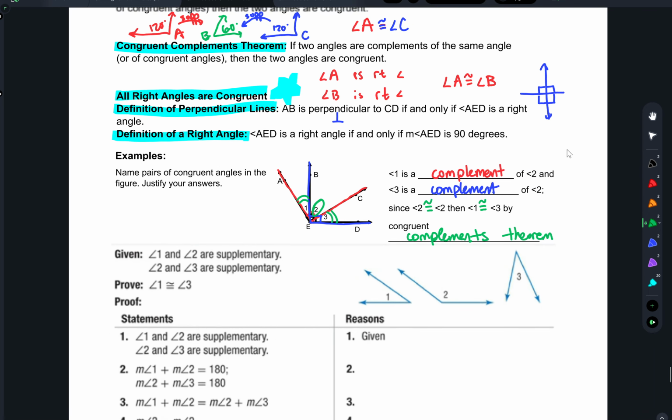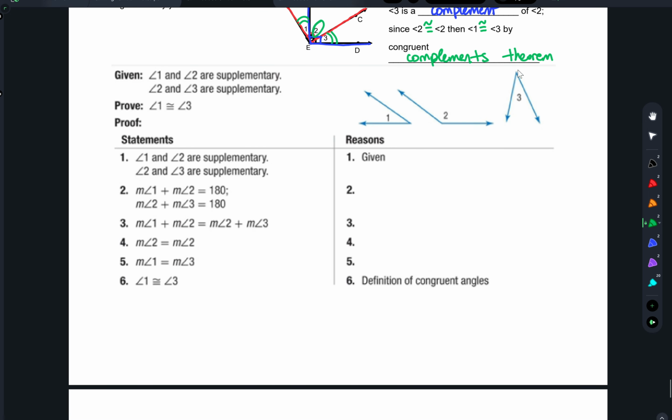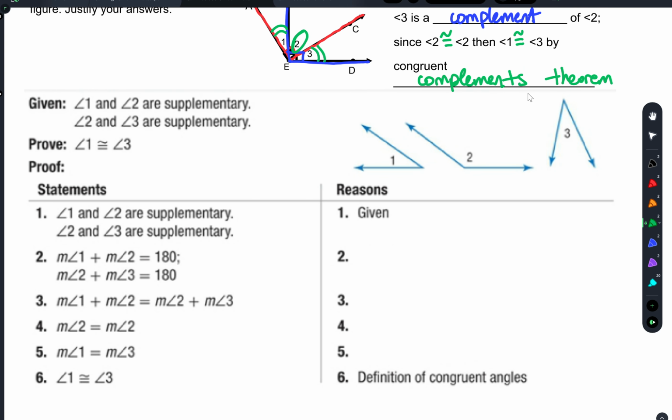Okay, ready for proofs? Here we go. We're going to start out by proofs like I always do by looking at my givens. So my givens are angle 1 and angle 2 are supplementary, angle 2 and angle 3 are supplementary. That's given to me. In the next step, remember, anytime we see a vocab word, my mind automatically thinks I'm probably going to have to define that vocab word.